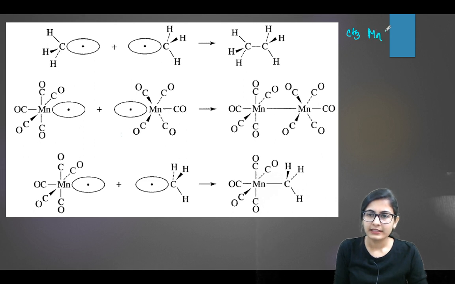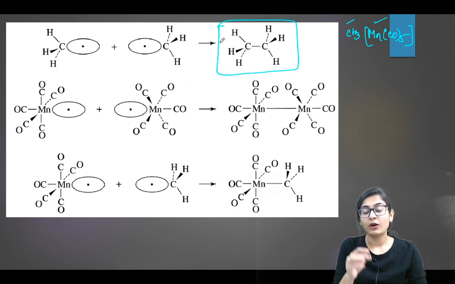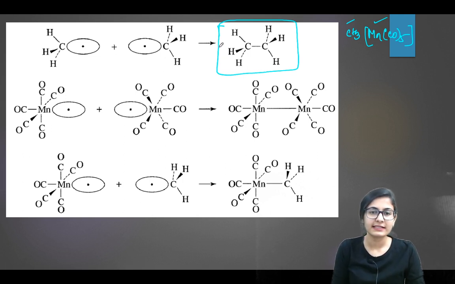Similarly, manganese pentacarbonyl also has one hole, so both of these are isolobal to each other. So if there could be a bond, we are able to predict the properties of the organometallic compounds based on the properties of the organic compounds which we have already largely seen.